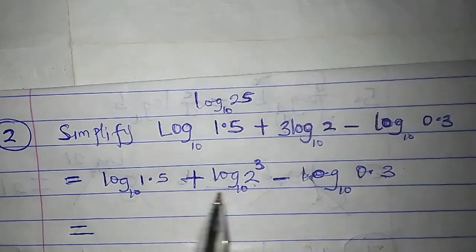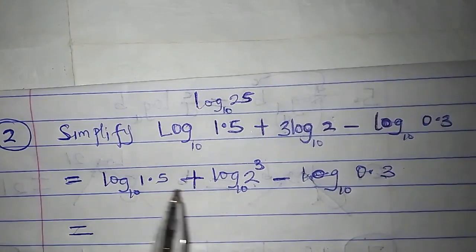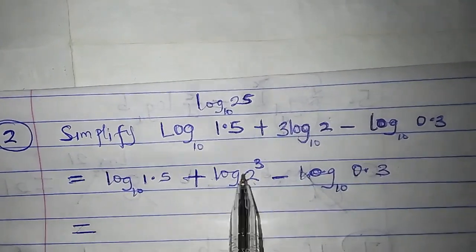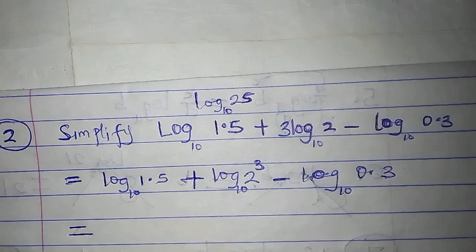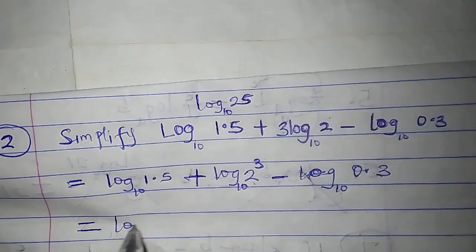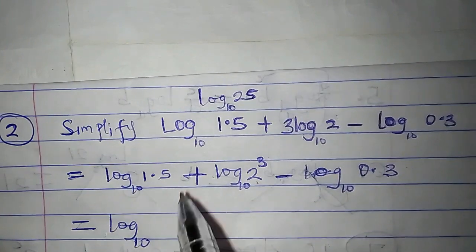These logs, in fact, the three of them, have the same base. In between the first two, I have addition. In between the last two, I have subtraction. So this is what I will do. I will apply both the first and the second law simultaneously. So it is equal to log to base 10 of what? 1.5.